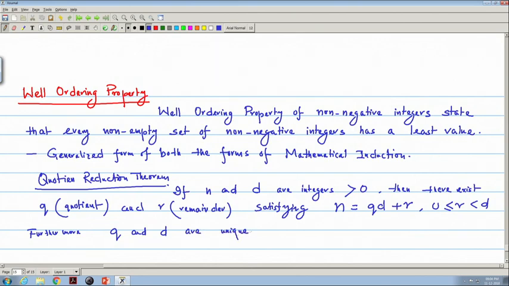So, this is our very well known quotient reduction theorem, and it can be proved very easily by the well ordering property. But we all know this simple form; I just mentioned that we can prove this by mathematical induction.